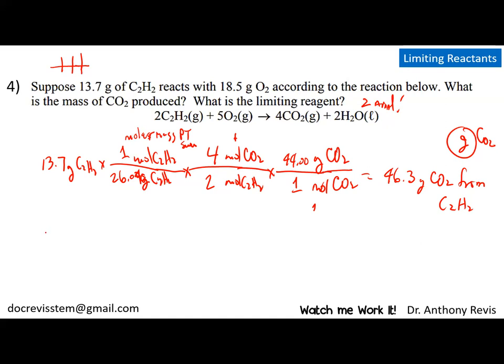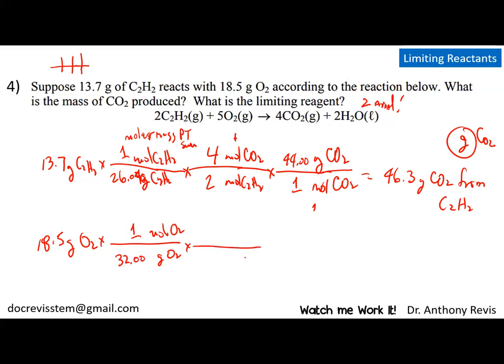Okay, so let's see how much we get from the other reactant. We have oxygen, 18.5 grams of oxygen. We do a similar dimensional analysis. Grams automatically goes on the bottom, moles of O2, and this is 32 grams per mole, 16 plus 16 grams per mole.